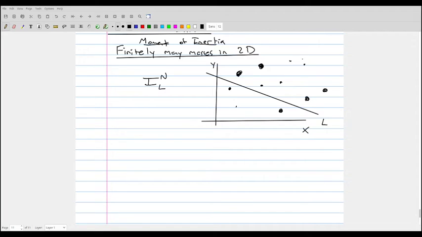And each one of these masses has a different mass. This is, say, M1, M2, M3, M4, and so on and so forth. So just like before, Mk is the mass of the kth mass.